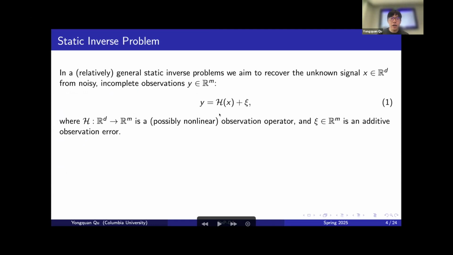In this equation, H is a possibly nonlinear observation operator, and the dimension of the observation space is usually lower than the dimension of the signal. The observation process also has some additive observation error. Examples of static inverse problems include image problems like super resolution for downscaling, denoising, and inpainting.